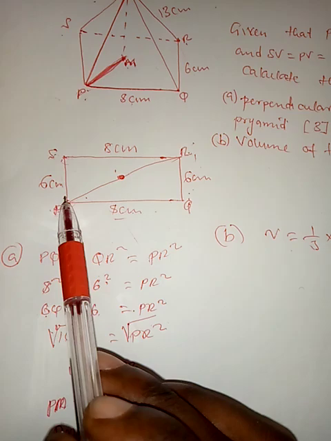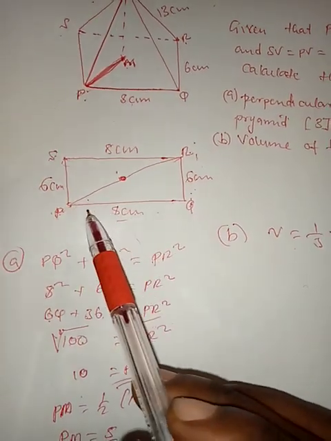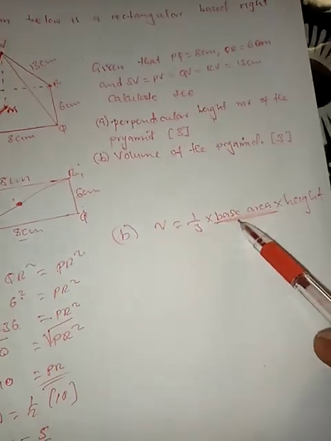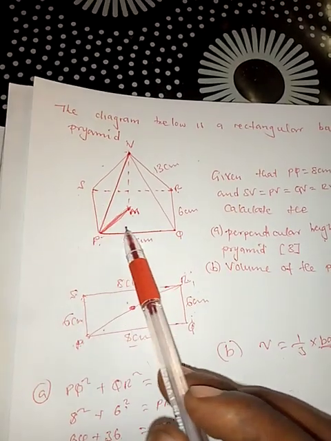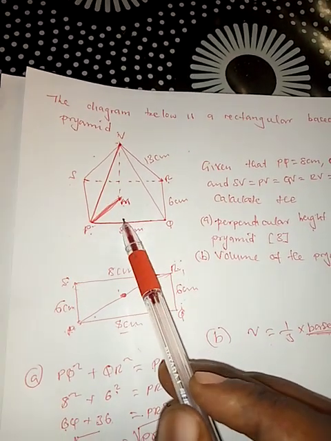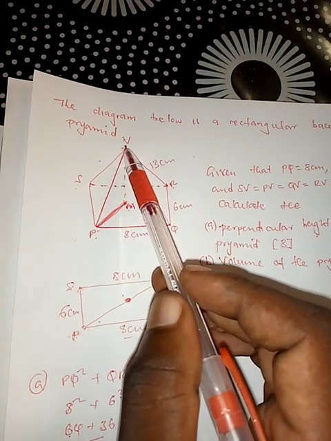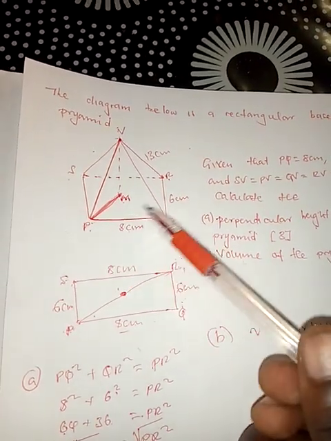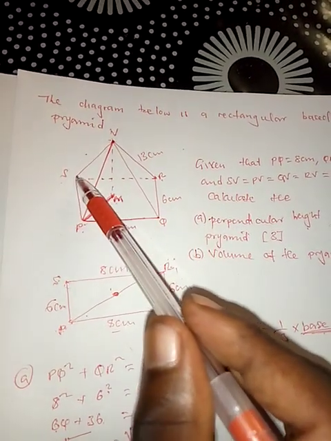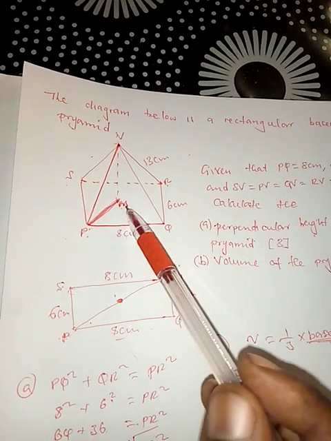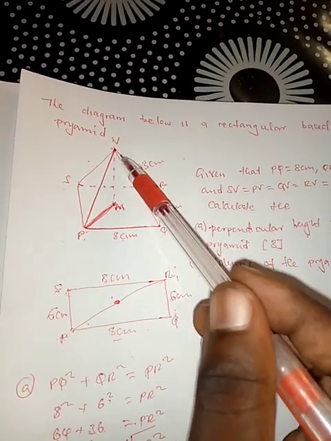You have to say the length times the breadth, that is the area. So that's why they are saying base area, meaning you find the area of the base of this pyramid, then that area times the perpendicular height times 1 over 3. That's all. So the volume of this pyramid is the base area times the perpendicular height from here to there.